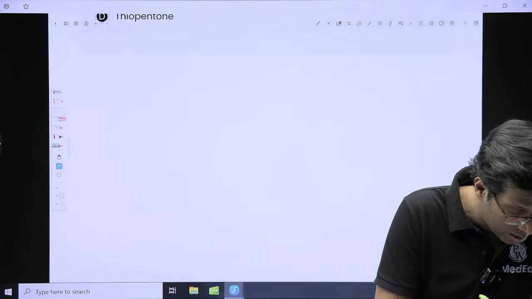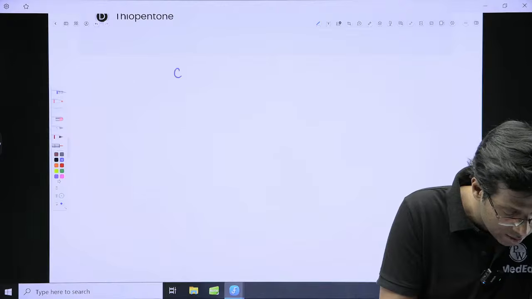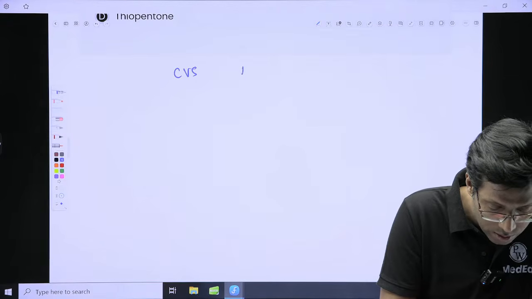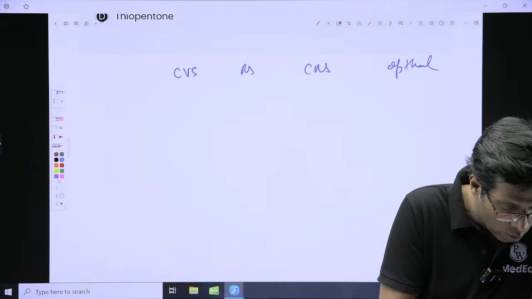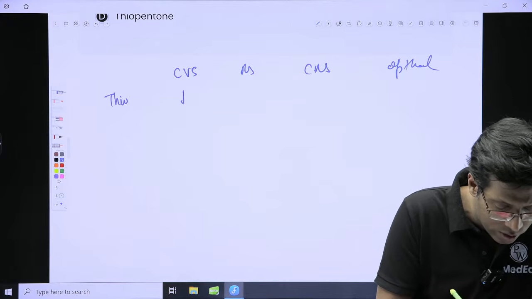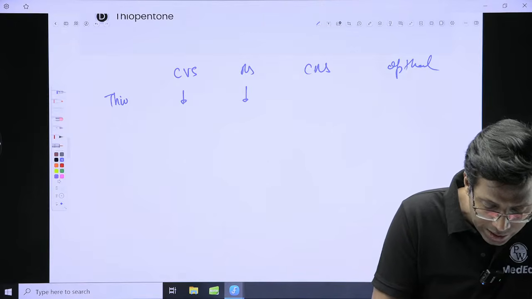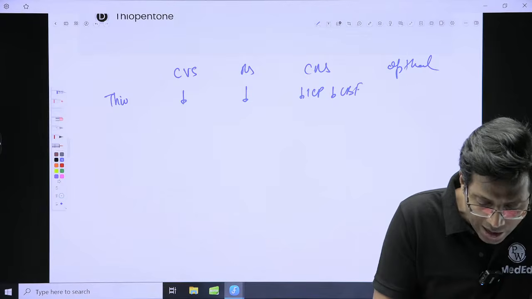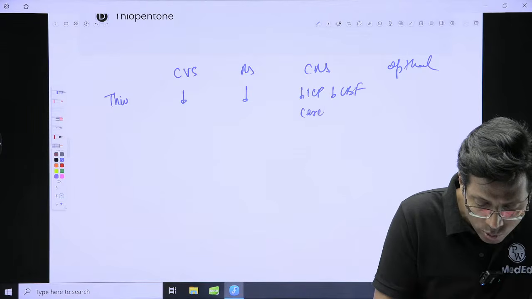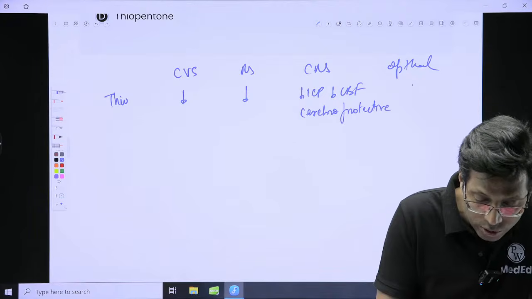When I compare the properties, RS, CVS, CNS, ophthal, if I take thiopentone, it causes cardiovascular depression, respiratory depression. In the CNS, it decreases intracranial pressure, decreases cerebral blood flow, and is anticonvulsant, which is called cerebroprotective properties. Ophthal also decreases.